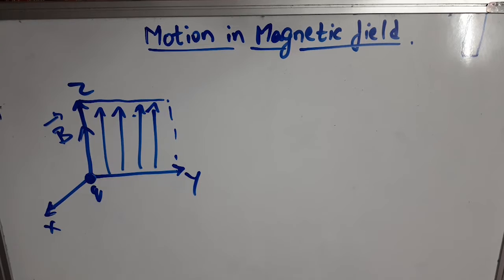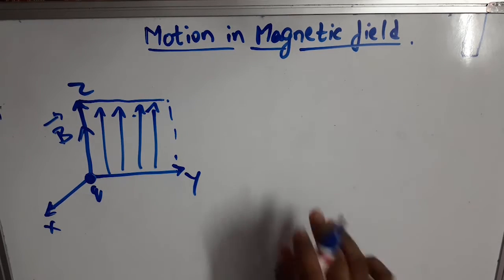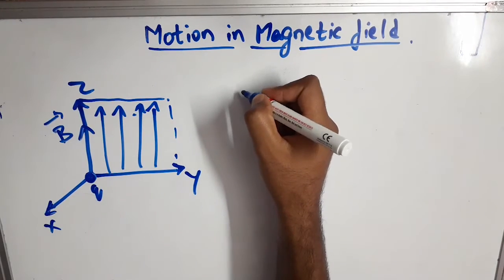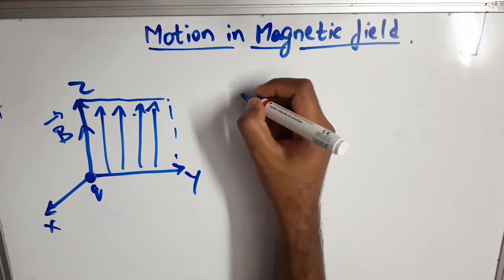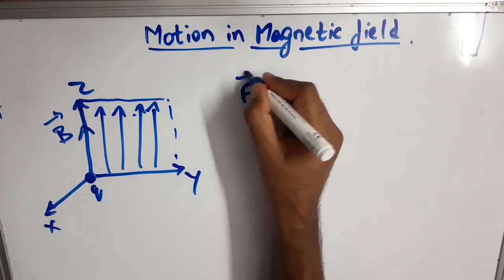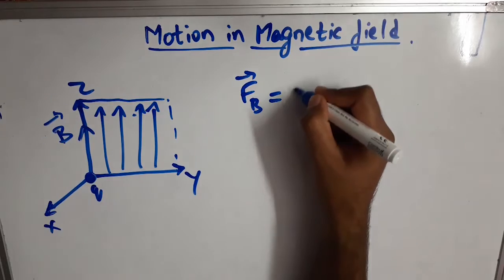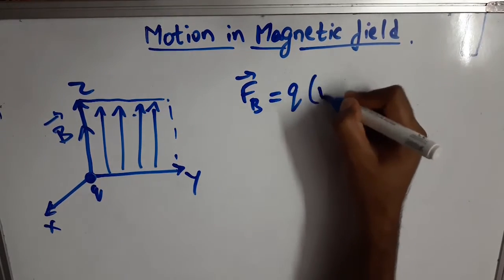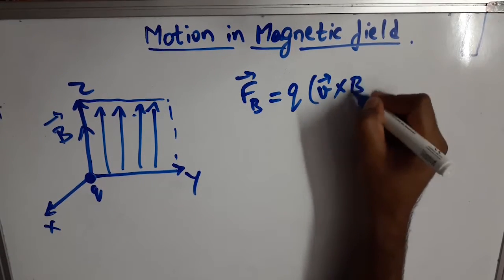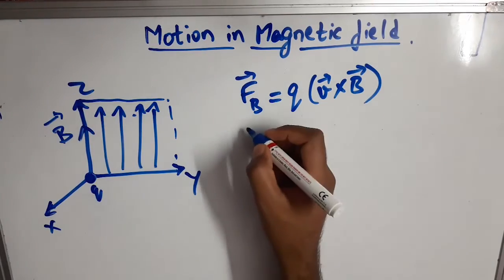For this I've got three cases, but first, since we have defined the Lorentz magnetic force, we know that it is given by charge times v cross B. Now this is the vectorial representation of this force.